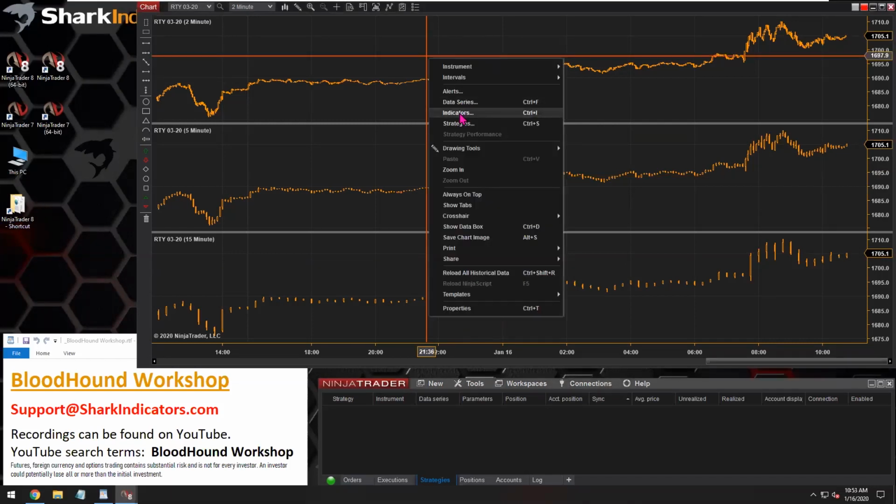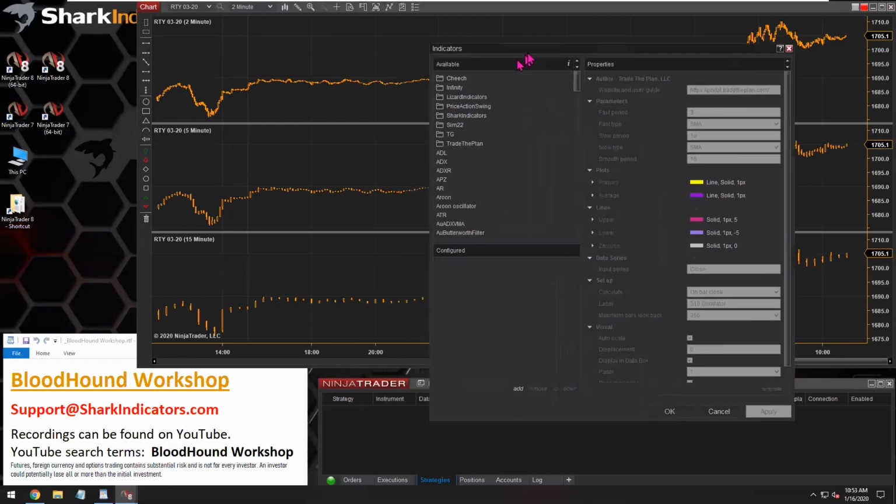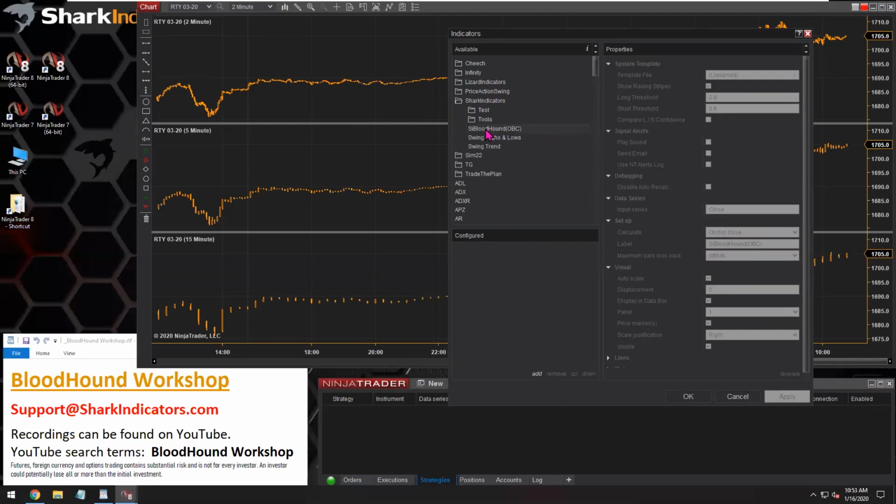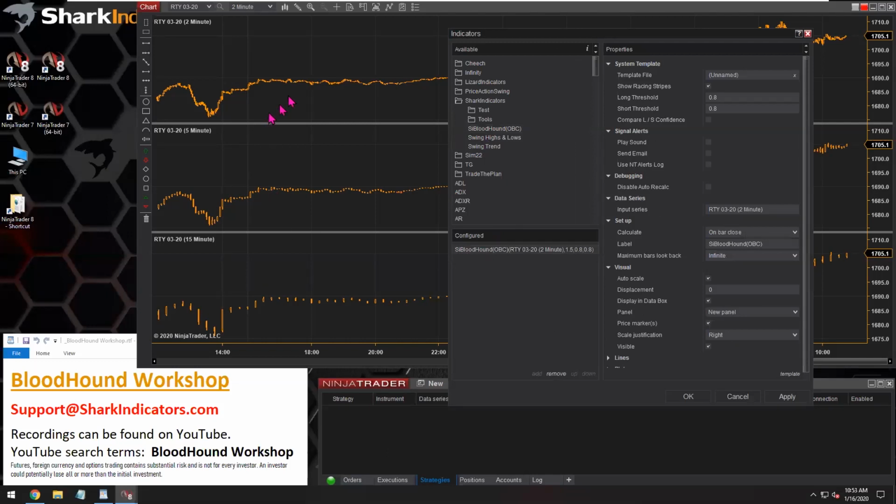So the confusion is that people are wondering, so when you add BloodHound to your chart and you've got 3 time frames, people are thinking that somehow BloodHound is going to operate or interact with all 3 of these charts on this one chart. But no, that's not what indicators do.